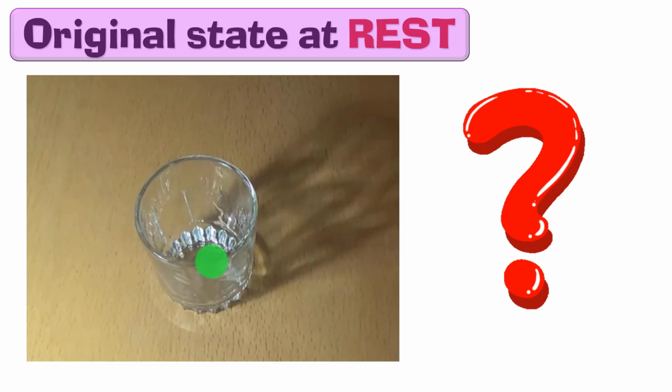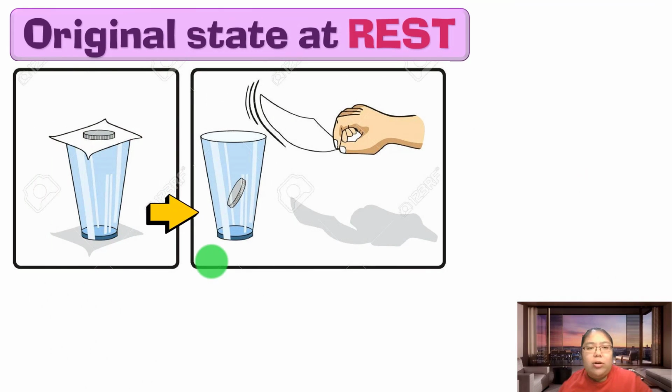Let me explain. When the coin is on the cardboard and you move the cardboard away quickly, the coin does not move together with the cardboard. It drops inside the glass because of the gravitational force. If I move the cardboard slowly, will the coin drop or not?